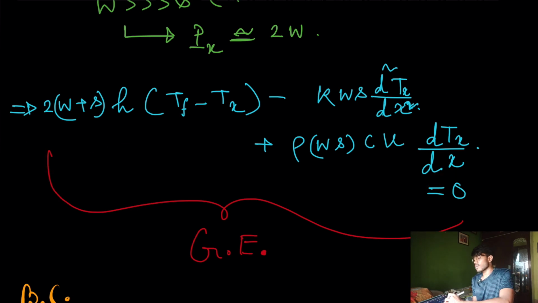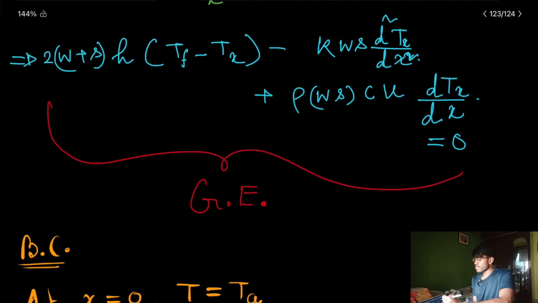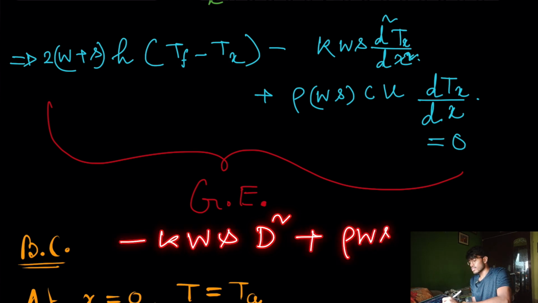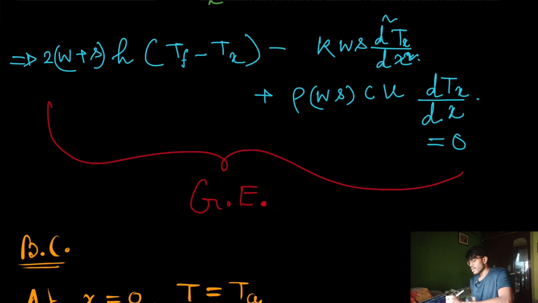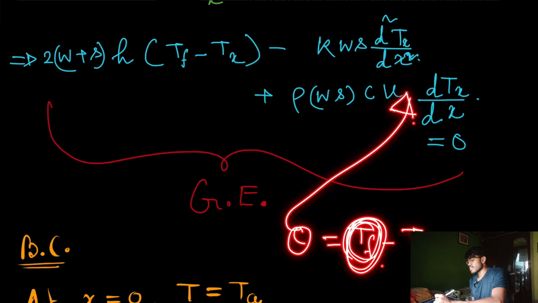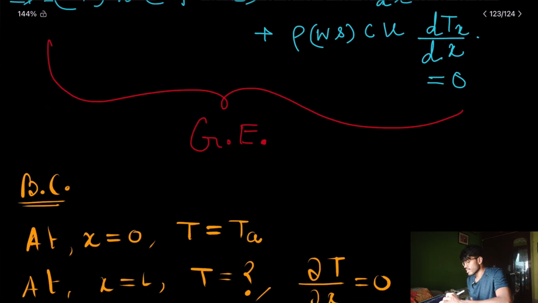This is a simple ordinary differential equation. So here if I write the auxiliary equation, that will be D square into k_w into S minus D square plus rho_w S c U D plus, okay, I cannot write it very easily, but if you write it as theta is equal to T_f minus T(x), where T_f is a constant, and you do all the substitutions and you convert it, then you can write it.